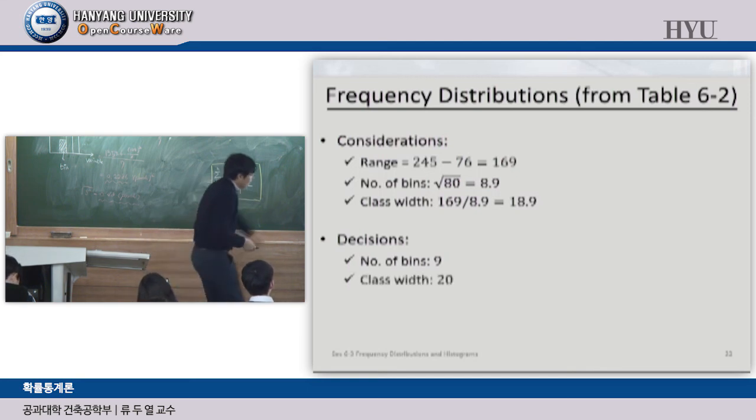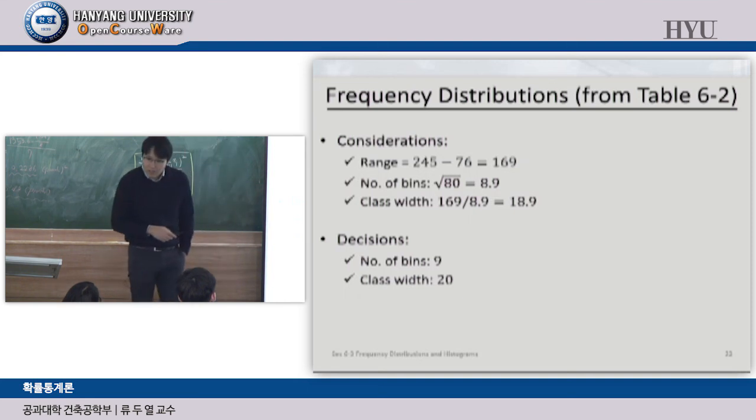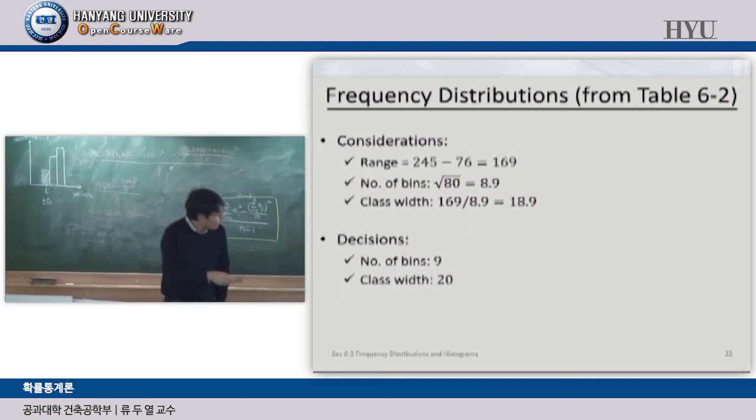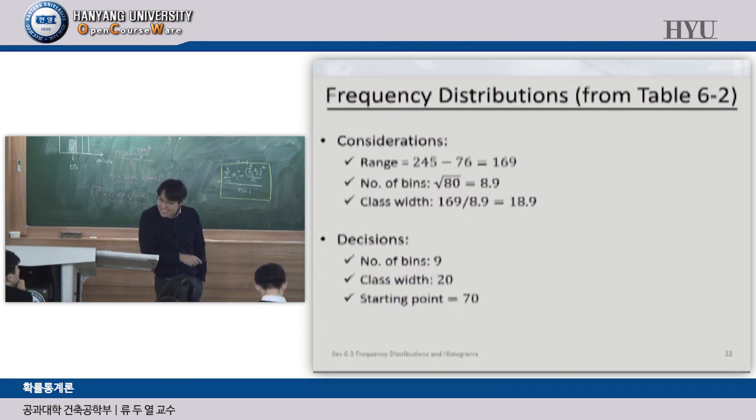And the class width is assumed to be 20, because we obtained a class width of 18.9. What is the starting point? The minimum value was 76, so the starting point can be determined as 70.